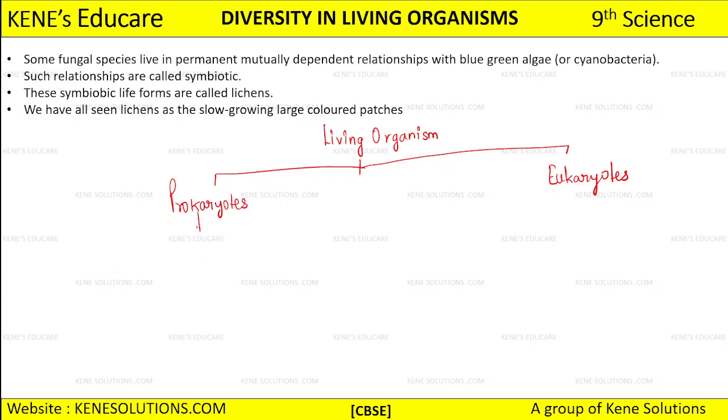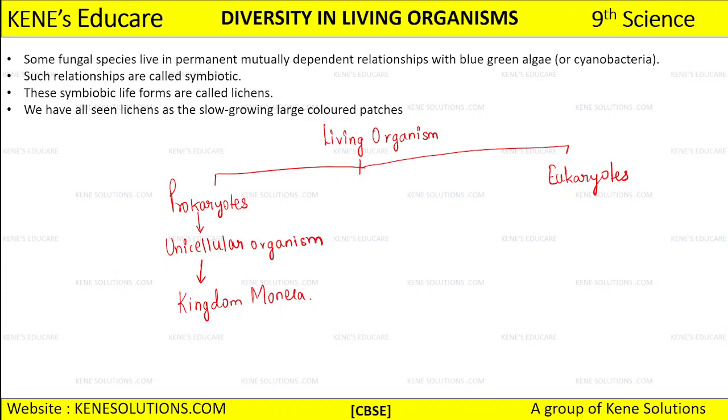Now prokaryotes has all unicellular organisms. And this prokaryotes includes kingdom Monera. So kingdom Monera कहाँ पे आया? Prokaryotes. So kingdom Monera is going to have all the unicellular organisms.